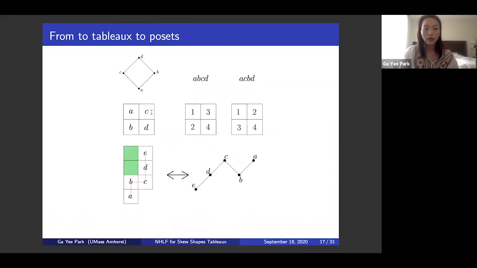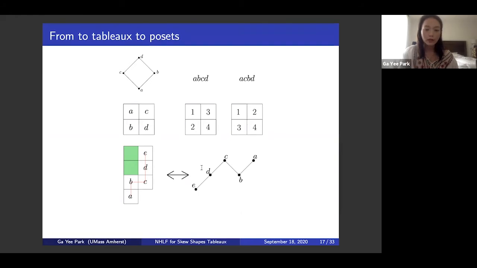So given a tableau, we can always relate it to the poset, and counting the number of standard Young tableaux for the shape is equivalent to counting the number of linear extensions for that poset. So in this case, this is my previous example of the skew shape tableau.